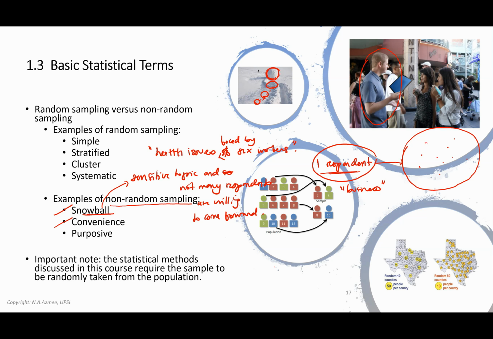Convenient, right? Because there are a lot of people there. You can just hand out your survey for them to answer. The same thing if you go to the mall and hand out the survey, or if you go to the cafe in university and hand out the surveys to the students. That is also an example of convenience sampling.